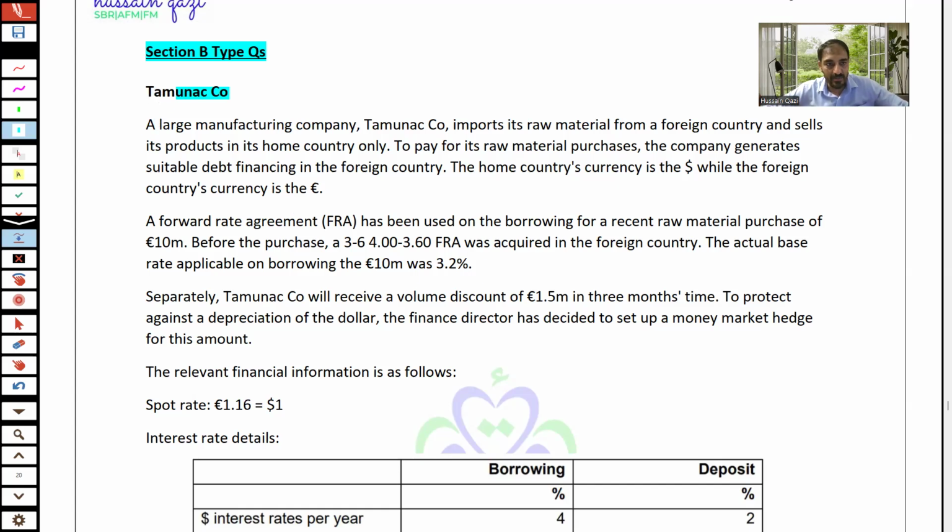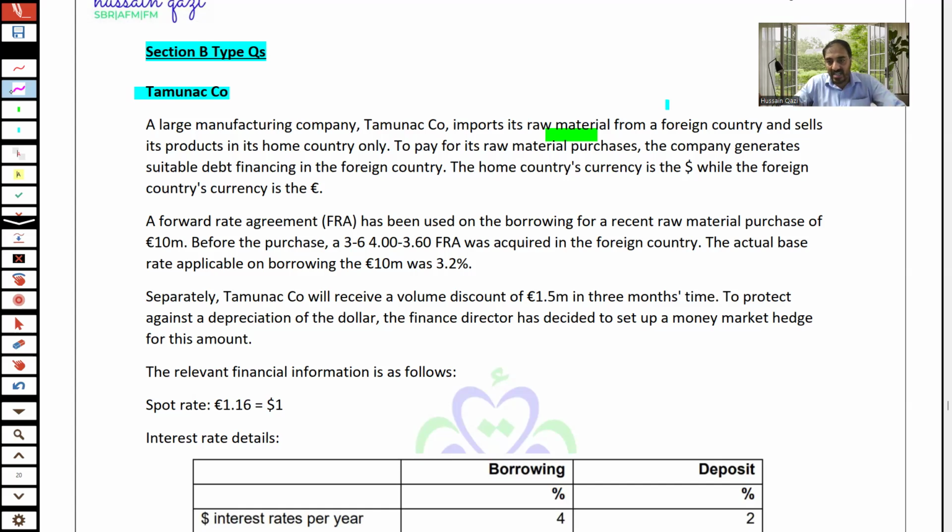Question: Tamunic company, a large manufacturing company. Tamunic company imports raw material from a foreign country and sells its product in the home country only. To pay for its raw material, the company generates suitable debt finance in the foreign country.